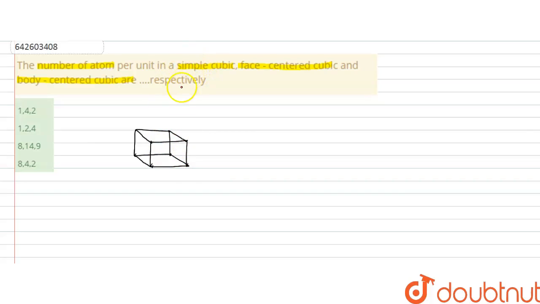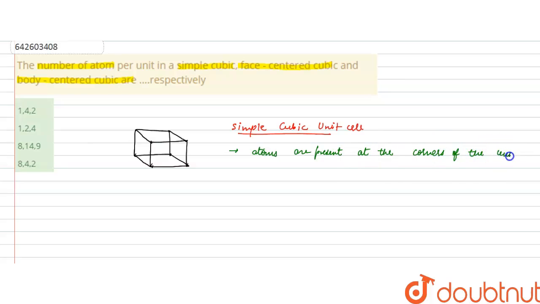In a simple cubic unit cell, atoms are only present at the corners of the unit cell. The number of corners in a cubic unit cell is 8. It means 8 atoms are present at the corners of a unit cell.